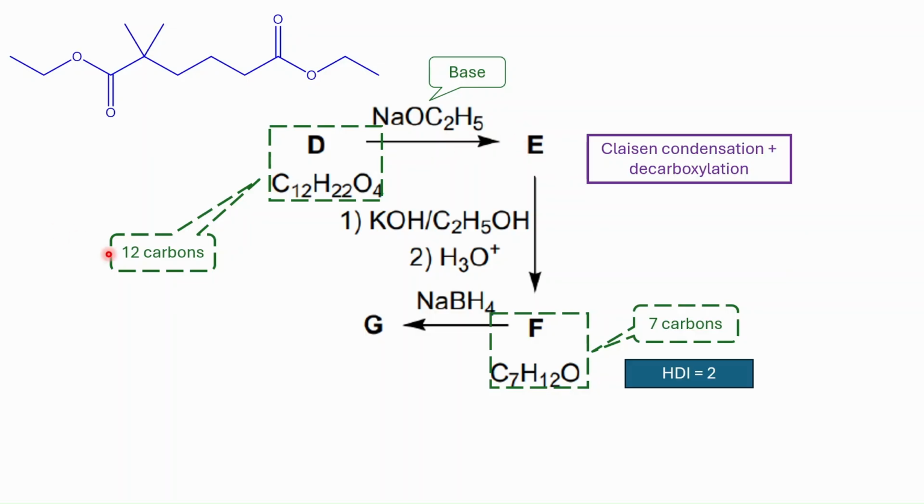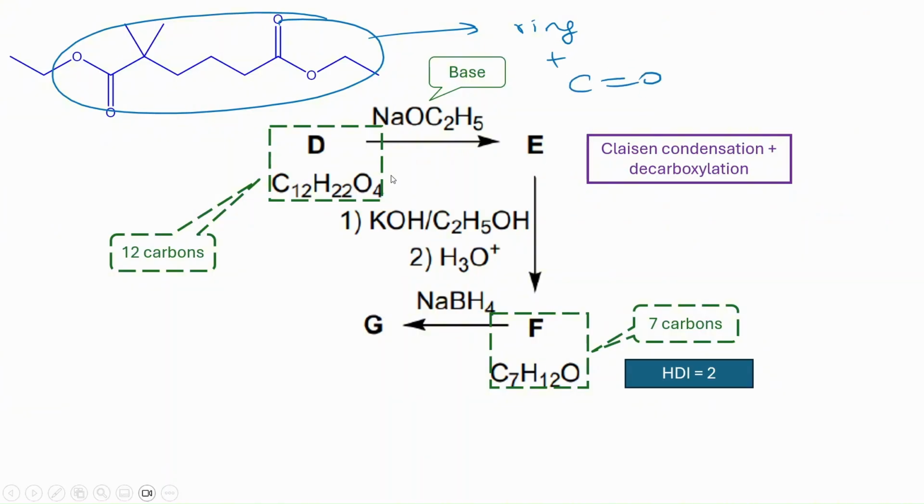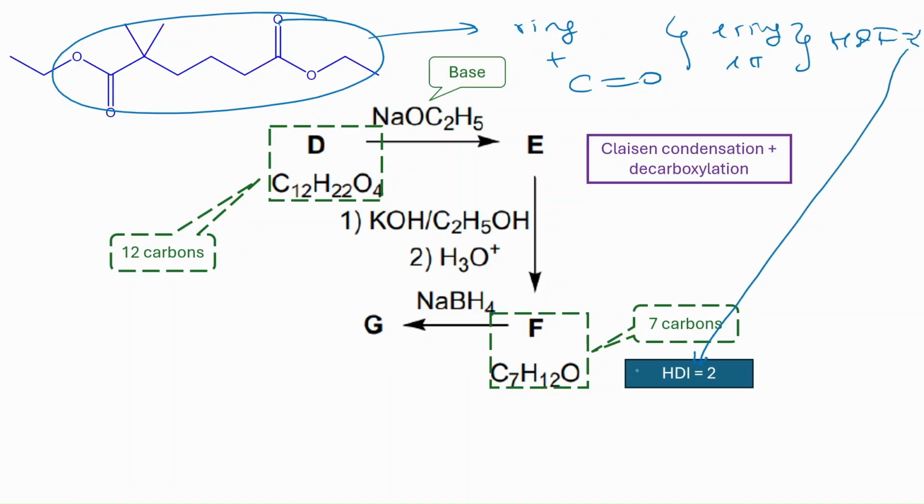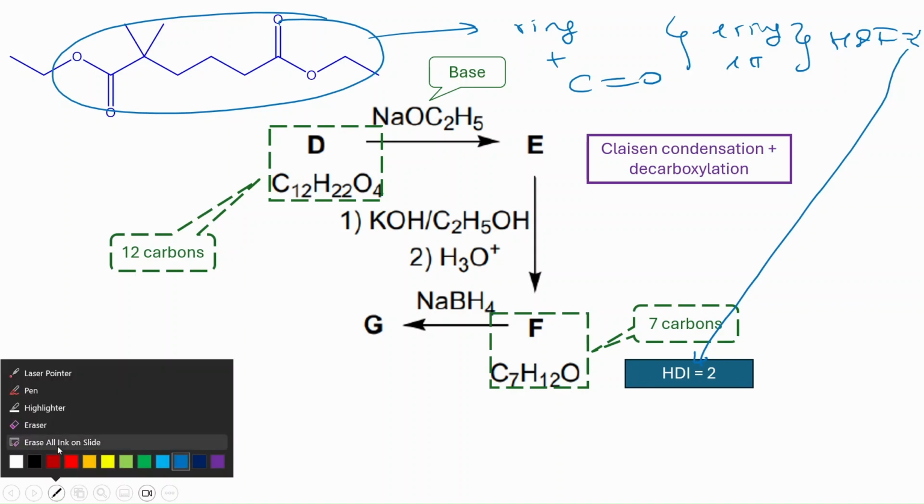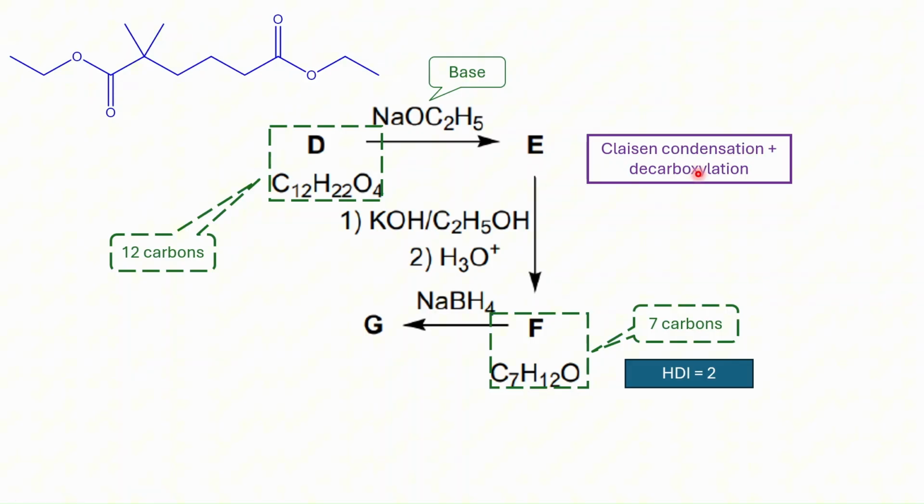So we would have a ring because we are just applying a base to D ester. So this would cyclize and we would have a ring here from the Claisen condensation and a ketone double bond. Having one ring and one pi bond would yield an HDI equal to 2, which is in perfect alignment with our calculation. So let's see the mechanism and the structure of E as we propose a Claisen condensation here.